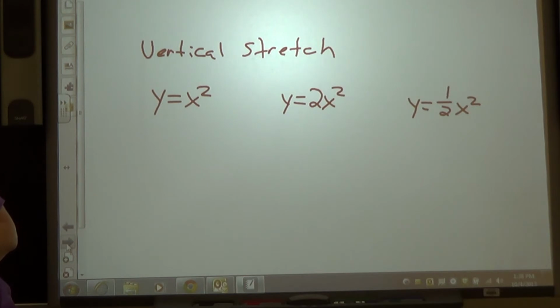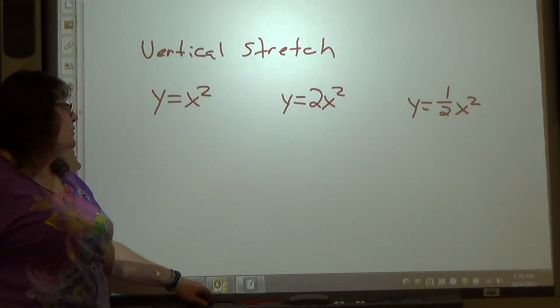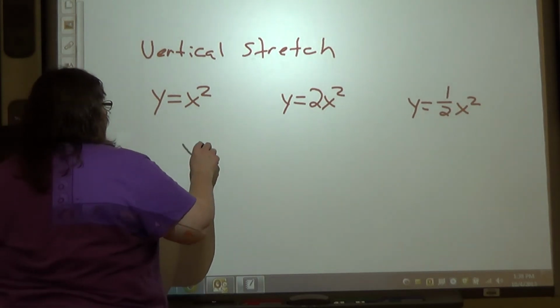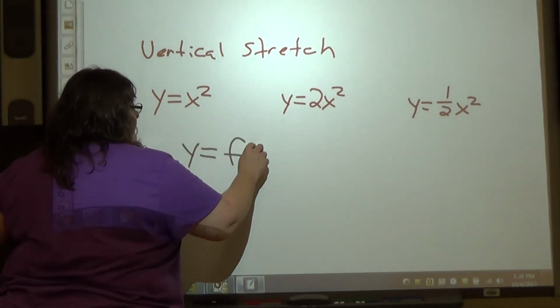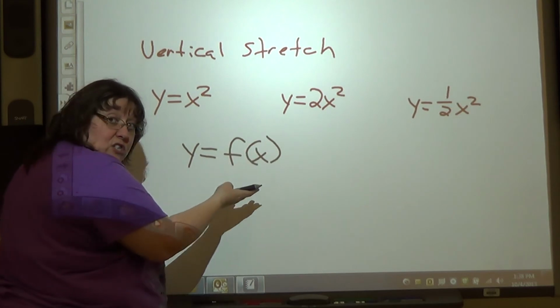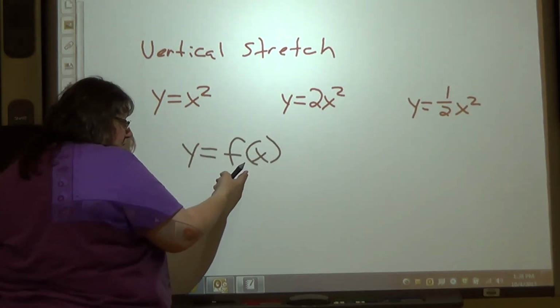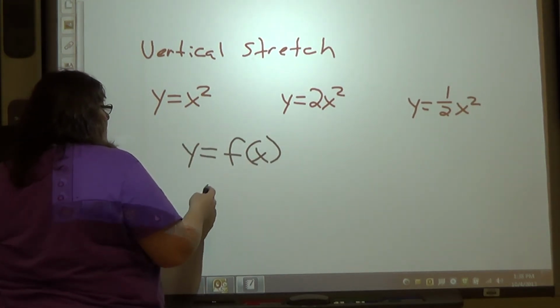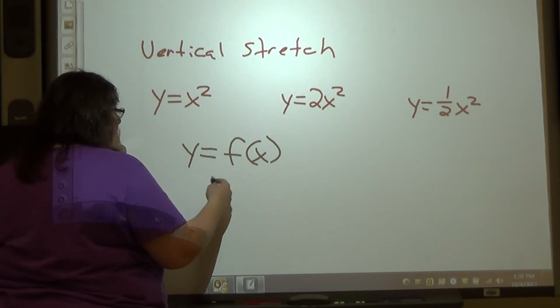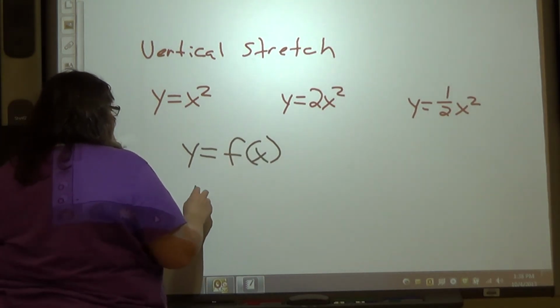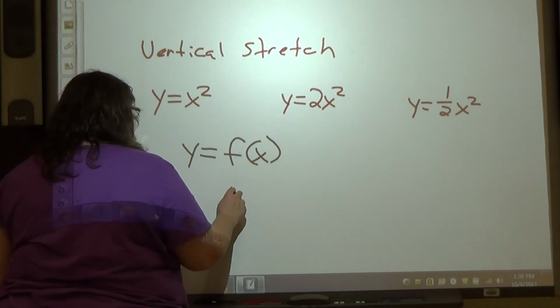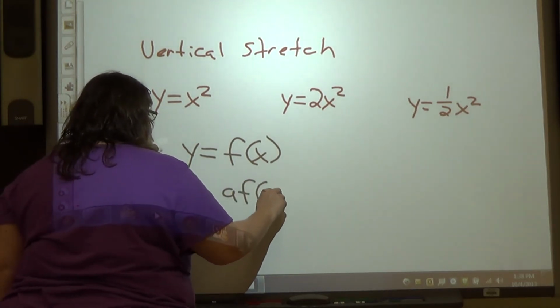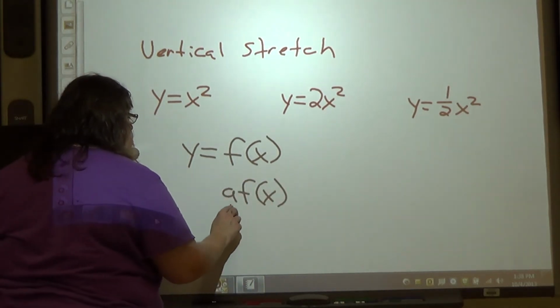All right? So that works for everything, even function notation. Stretch value, okay? y equals f of x. Remember, f of x is function notation. It's the same thing as y, just this, okay? So when you're looking at the function, if you have a in front of f of x, this is the stretch value right here.